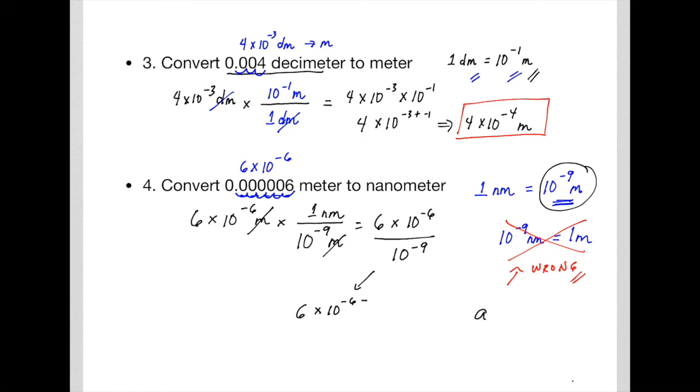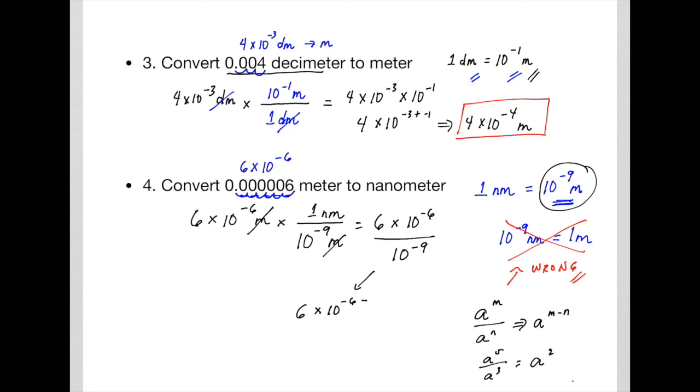Let's say, for example, we have a raised to m divided by a raised to n. Remember your math class, we have a raised to m minus n. For example, a raised to 5 over a raised to 3 is simply a raised to 2.